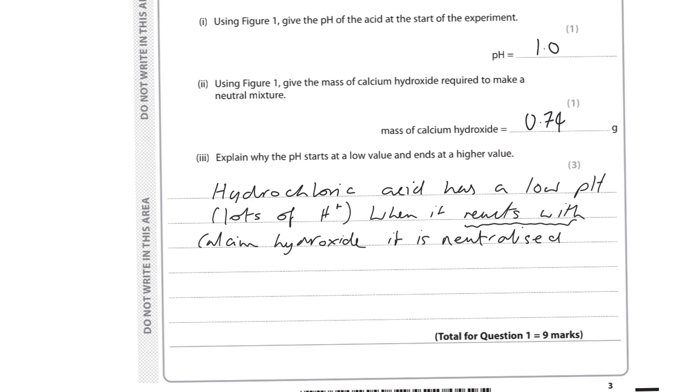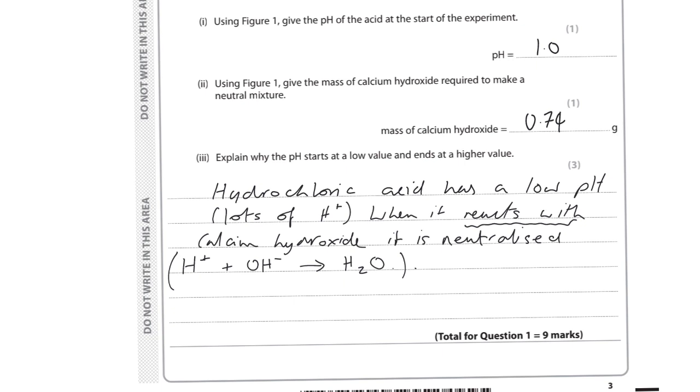So you could have also said the hydrogen ions in the acid react with the hydroxide ions of the alkali, and they go to give a neutral solution. It is neutralized, and as you add more calcium hydroxide, which is an alkali, the hydroxide ion concentration increases, and it's the hydroxide ions that cause it to have a high pH.